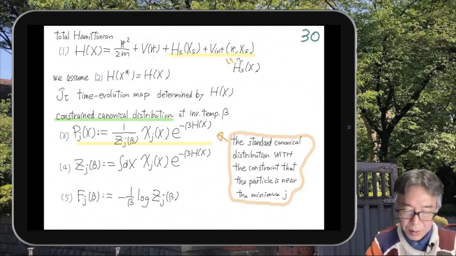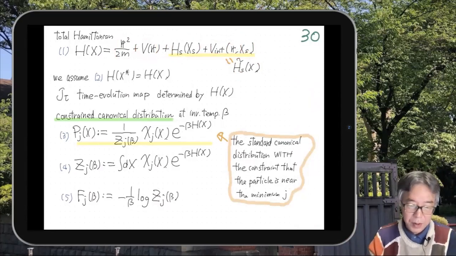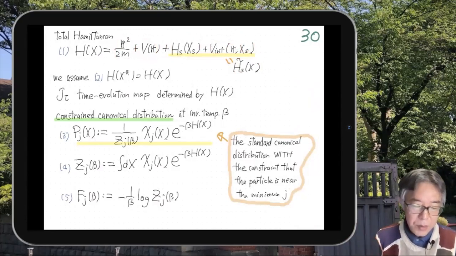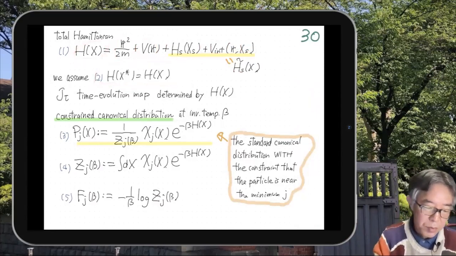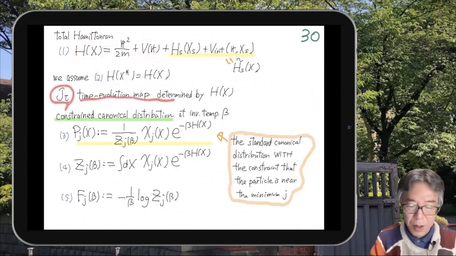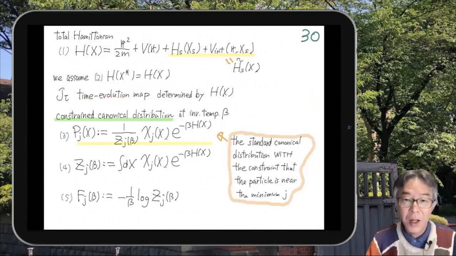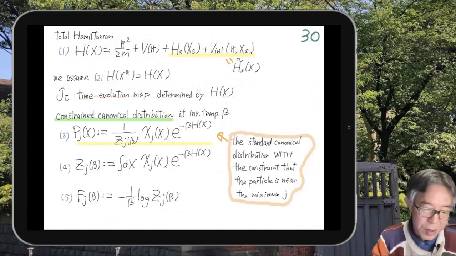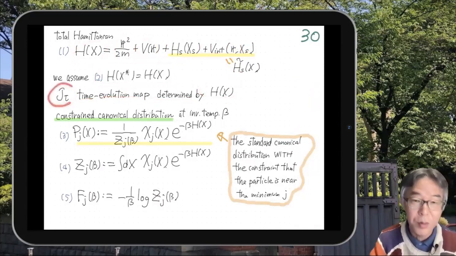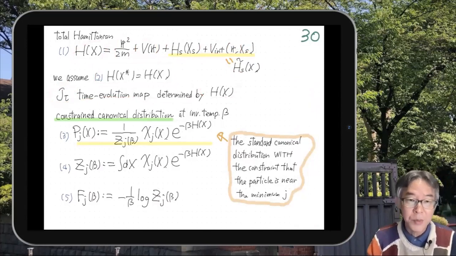I denote all these things like this, H tilde_S of X. I assume that this whole Hamiltonian is time reversal invariant, and I denote by T_tau the time evolution map determined by this Hamiltonian. I know I'm always saying this, but in general you can never compute this time evolution map explicitly, but still we can derive something.